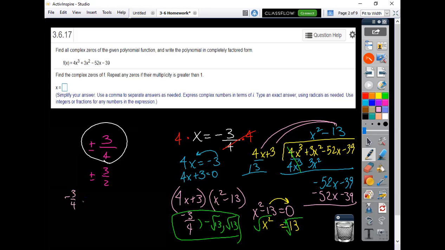Negative 3/4, and then we have my 4, 3, negative 52, and the negative 39. If you were wanting to use synthetic here, there's just something sometimes that is a little interesting that happens.